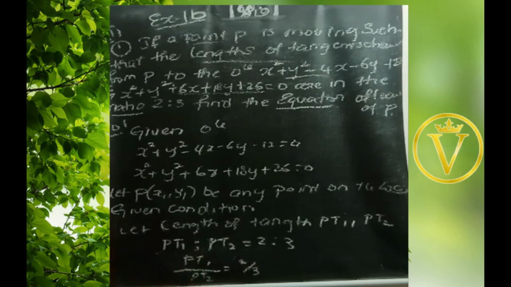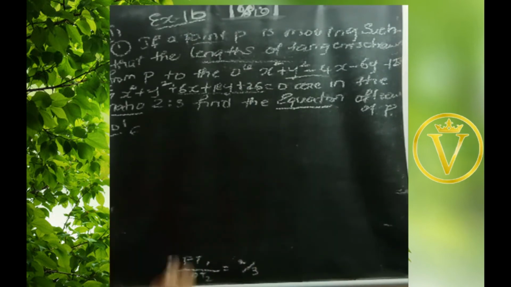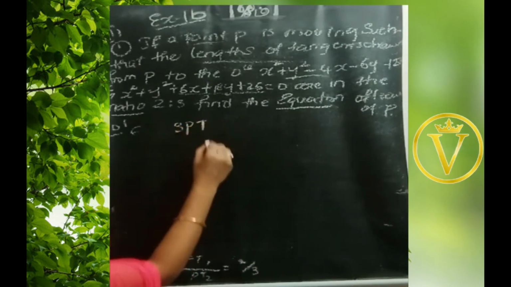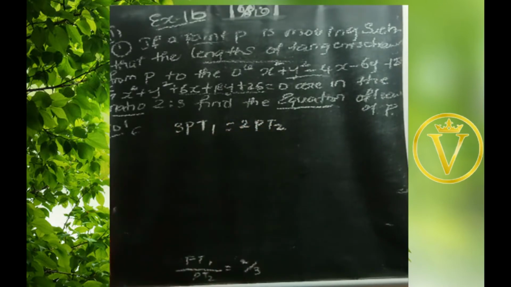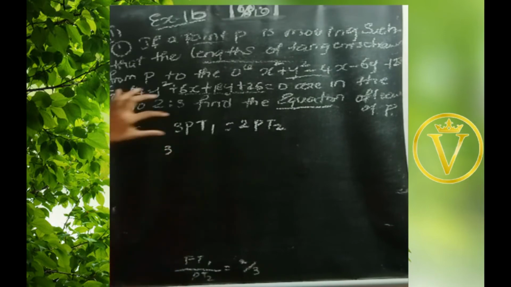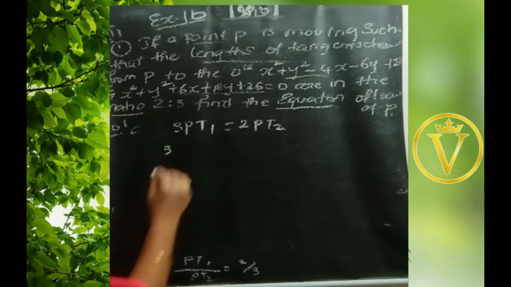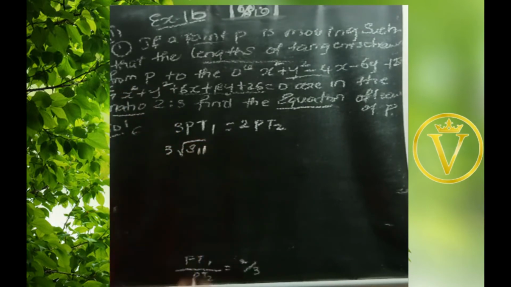Now we do cross multiplication: 3 PT1 = 2 PT2. What is the length of tangent formula? Root of S11.